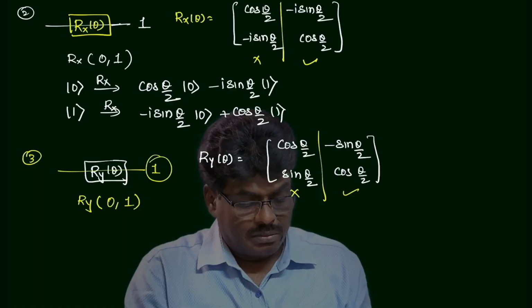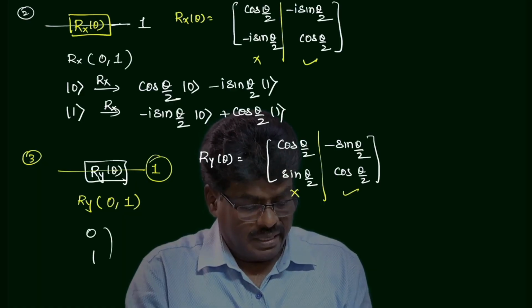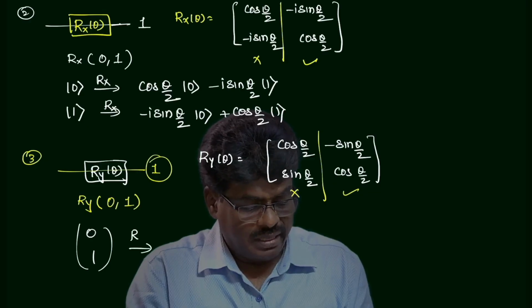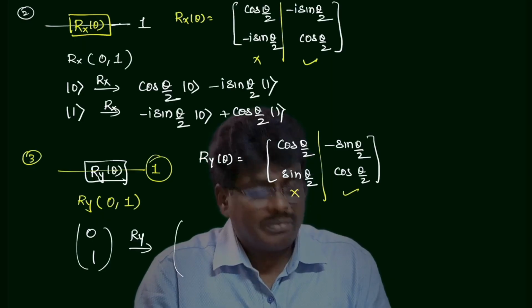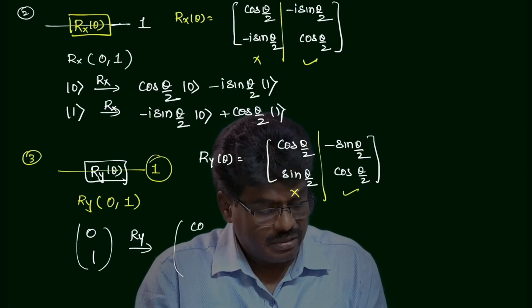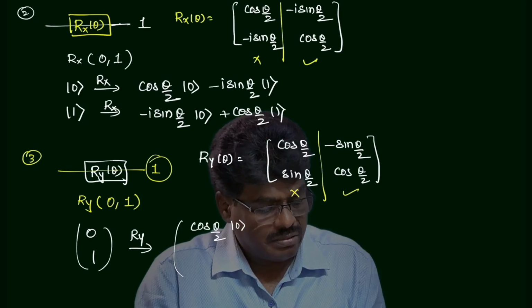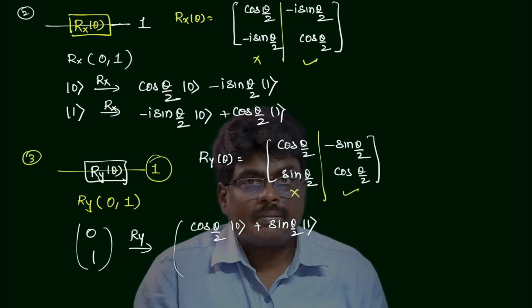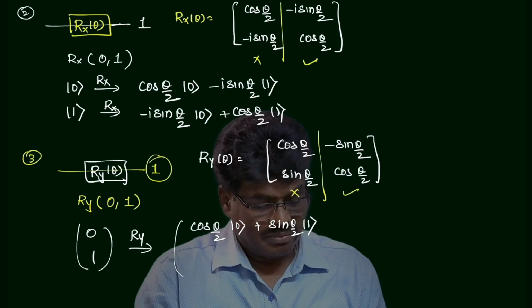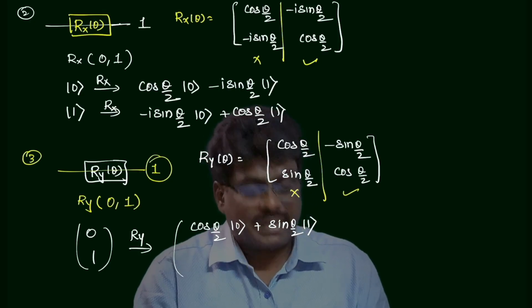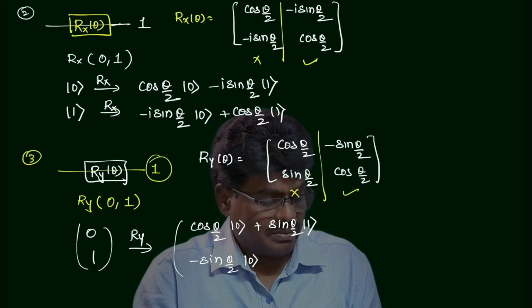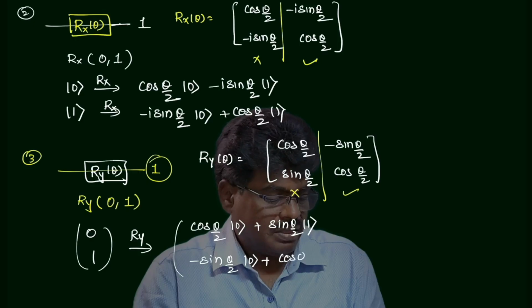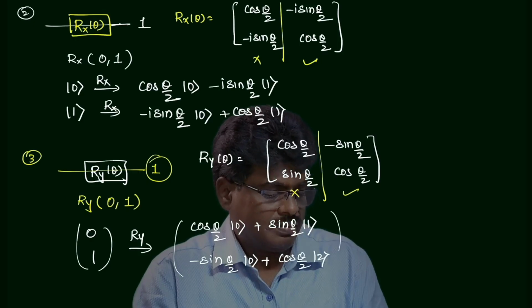Okay, so here I am writing like this. That means 0 and 1 is there. Ry is operating on that. So 0 is off, we have to take the first column, cos theta by 2 ket 0, plus sin theta by 2 ket 2. And for the next one, 1, you have to use the second column as the amplitudes, minus sin theta by 2 ket 0, plus cos theta by 2 ket 2.